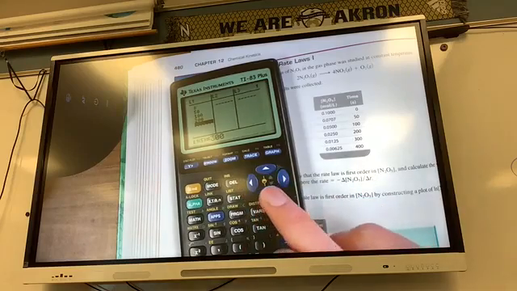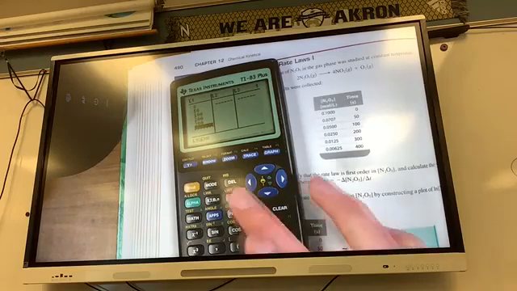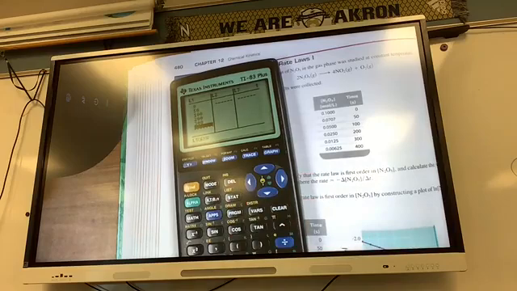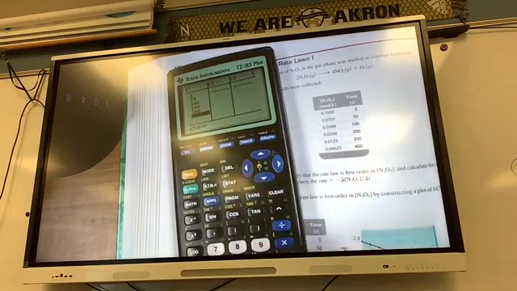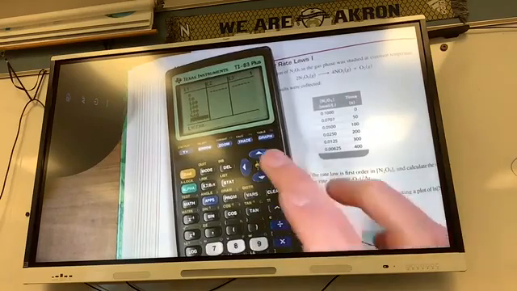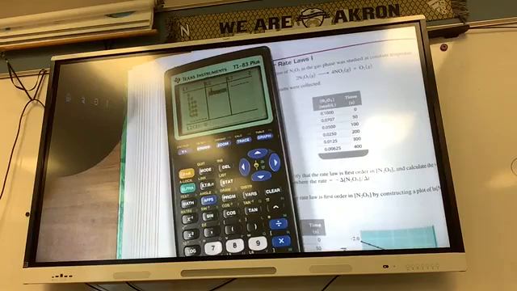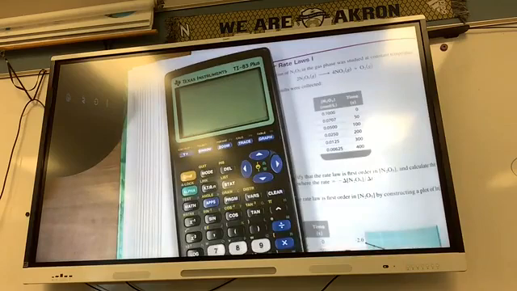Stat, if you're on a TI. And then I've got 400. So that's my L1. So my L2 is going to be 0.1, 0.0.